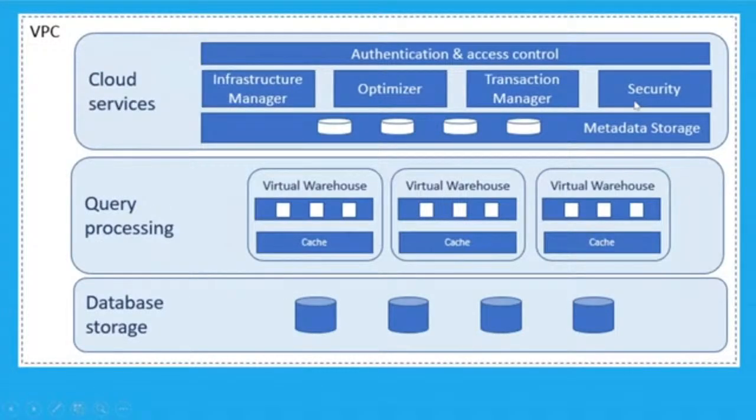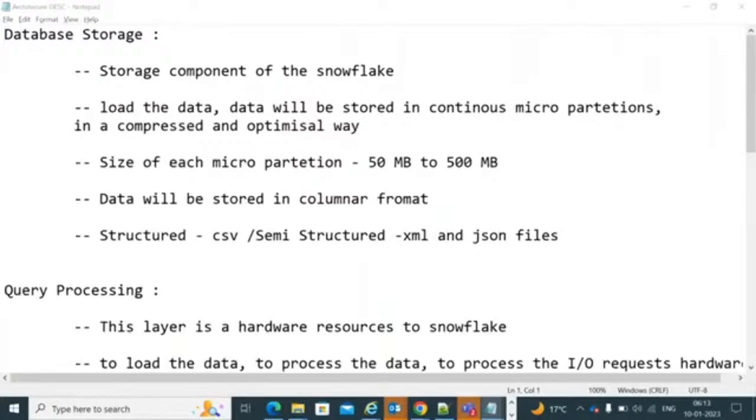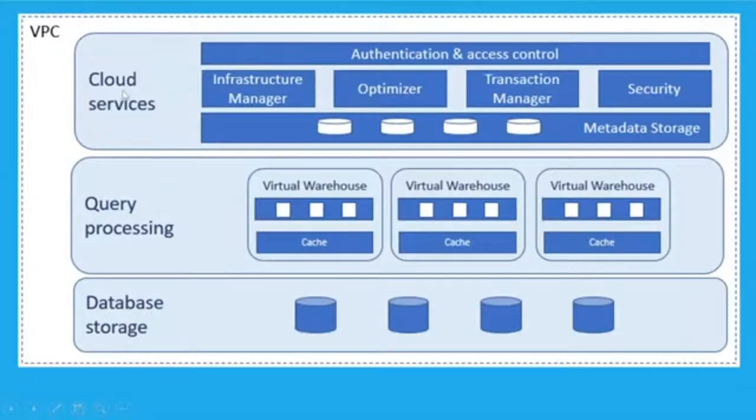Guys, actually, we have three layers in the Snowflake architecture. One is the cloud services layer. Another one is the query processing layer. Third one is the database storage layer. Let me repeat once again.